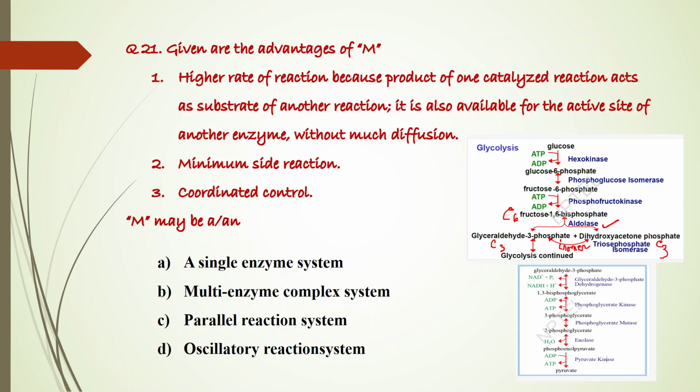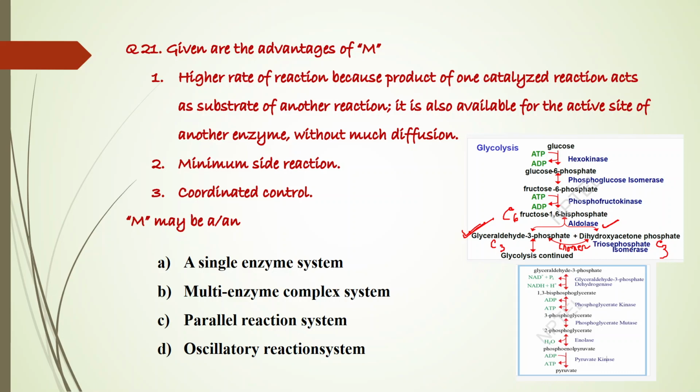One is the ketone form and another one is the aldehyde form. So basically these two are isomers. But out of these two, only glyceraldehyde 3-phosphate can further continue the glycolysis process. This dihydroxyacetone phosphate cannot continue in the glycolysis process.